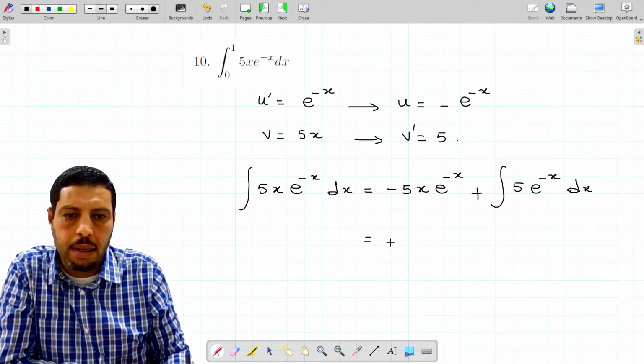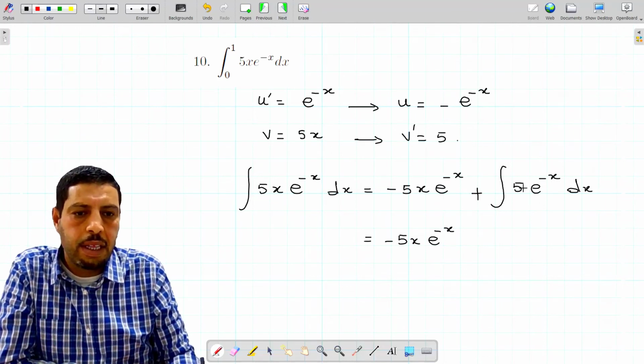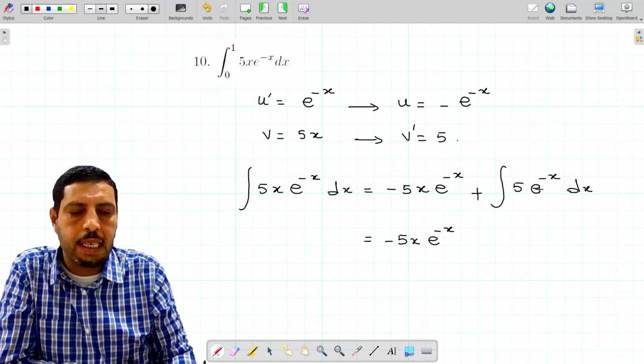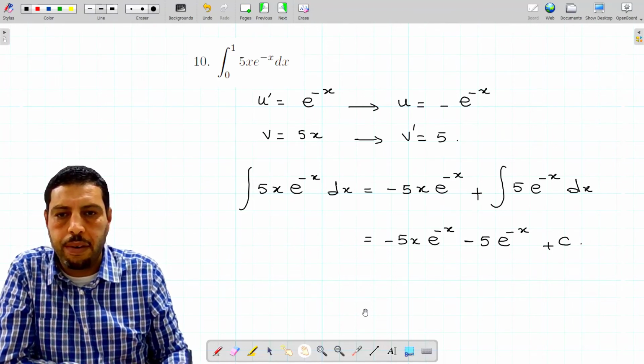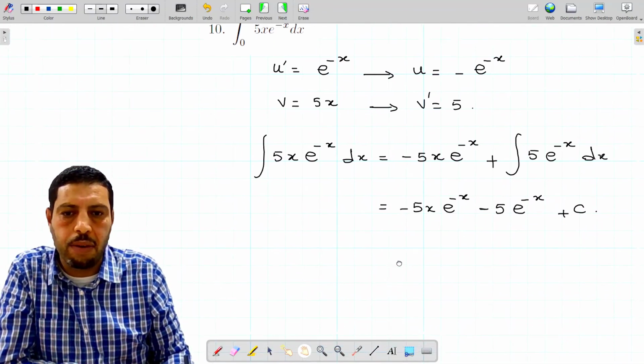And here it gives minus 5x exponential minus x. Again, here, the integral of exponential minus x is minus exponential minus x, multiplied by 5. It gives minus 5 exponential minus x plus c. Okay? Now, for the definite integral, it's taken between 0 and 1.